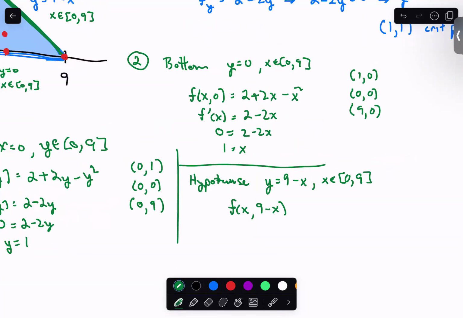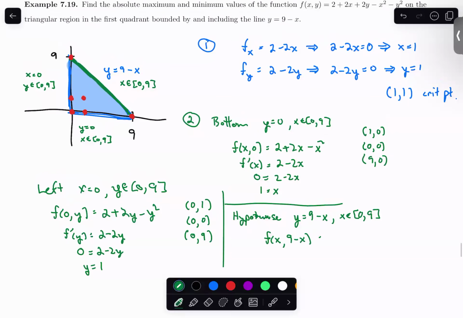So I get down to just a single variable function. So let's see, I'm going to have 2 plus 2x plus 2y, but again, I'm going to plug in 9 minus x, minus x squared minus y squared. But again, I'm going to plug in my 9 minus x.